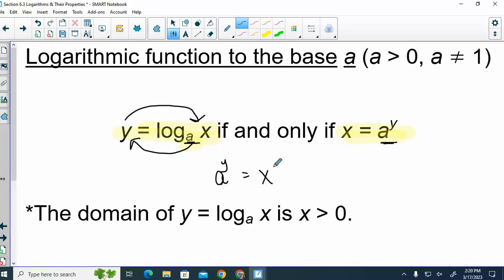When I say log base a of x, it's saying a to some power equals x. Find that power. With exponentials, if we take a positive number to a power, we get a positive answer. So the domain, the argument, always has to be greater than 0. And that will be very important later on in this section.